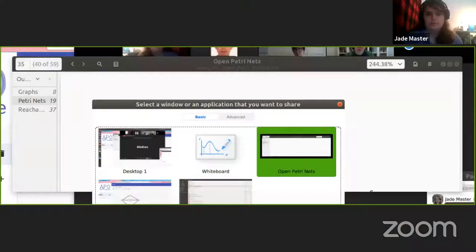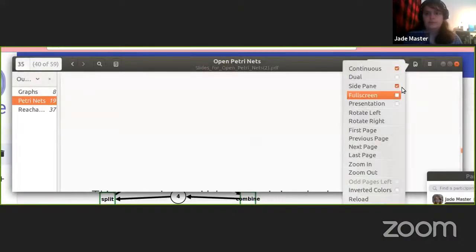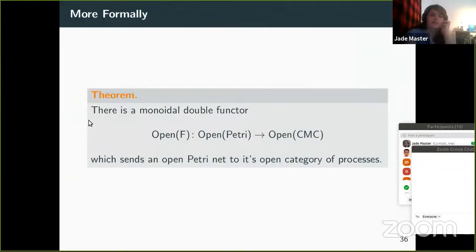Okay, back to the slides. Right, so you get this monoidal double functor. It's actually a symmetric monoidal double functor.